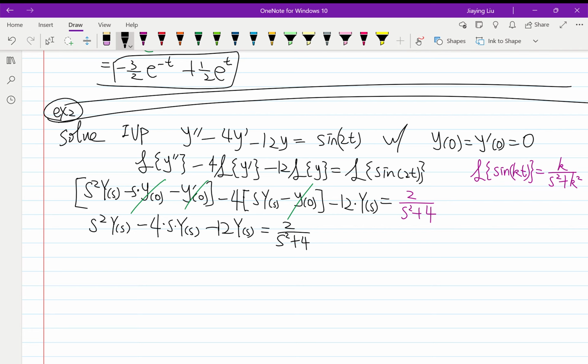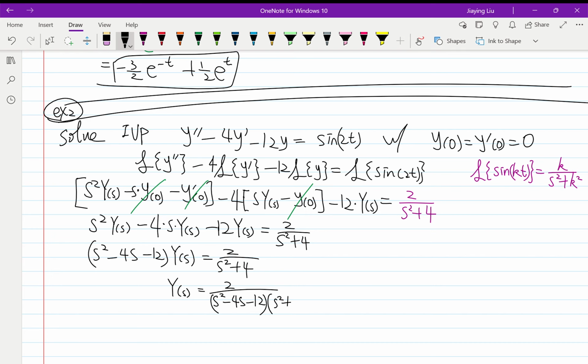And then we're just going to solve for Y of s from here. So s squared minus 4s minus 12, Y of s equals 2 over s squared plus 4. And the Y of s is equal to 2 over s squared minus 4s minus 12 times s squared plus 4.